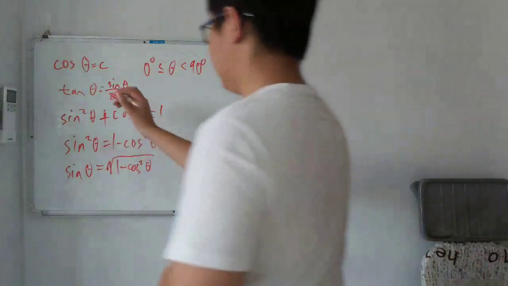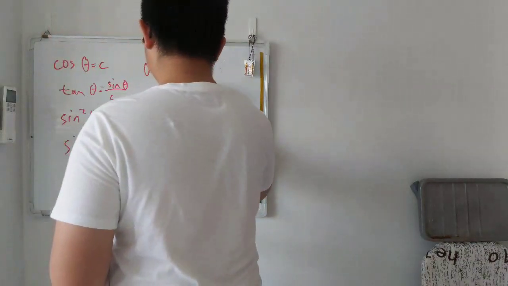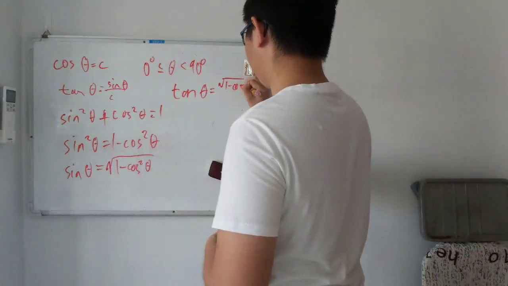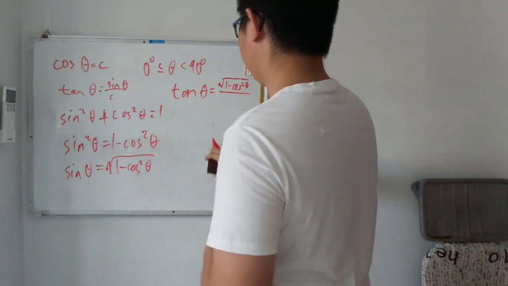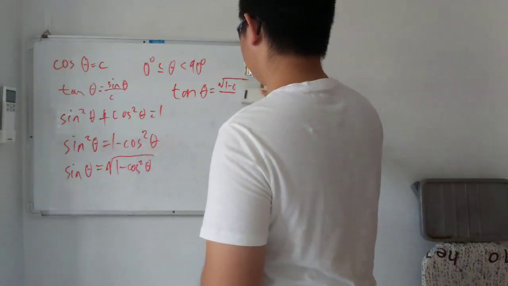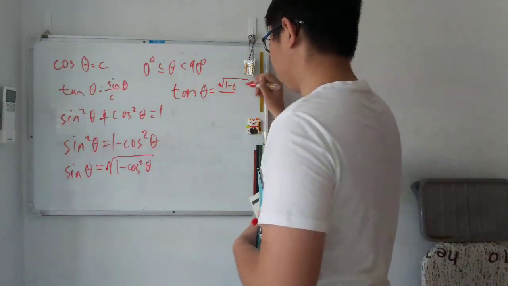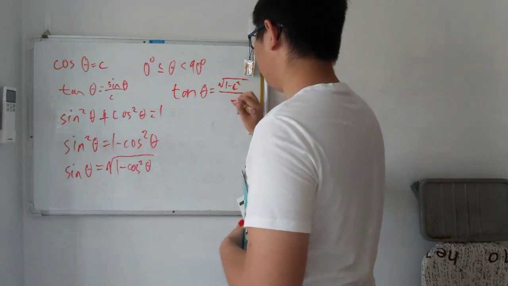So we can say that tangent theta is equal to the square root of 1 minus cosine squared theta, all over C, right? But we know that cosine theta is C, so this is the square root of 1 minus C squared, all over C.